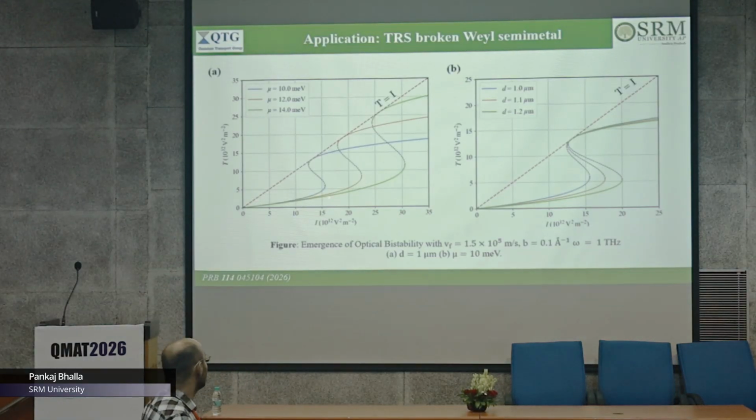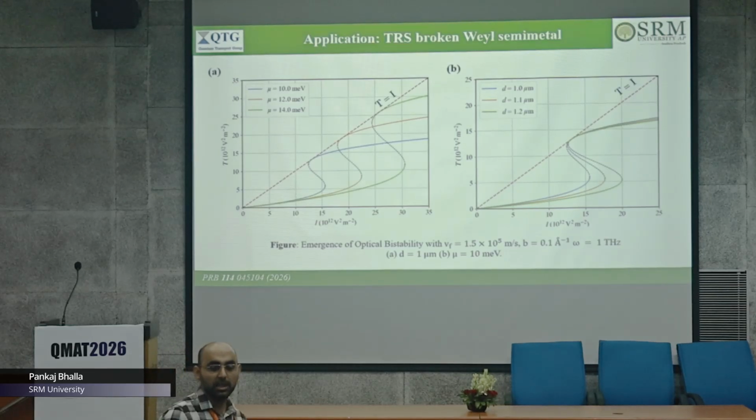In these plots of transmitted intensity versus incident intensity, we can see that when you increase the chemical potential, for example here from 10 to 14, going from the blue to the green curve, more and more intensity is required. Why is it so?